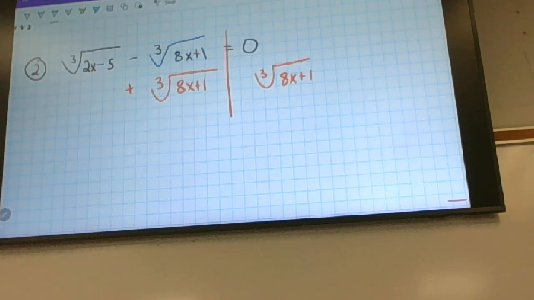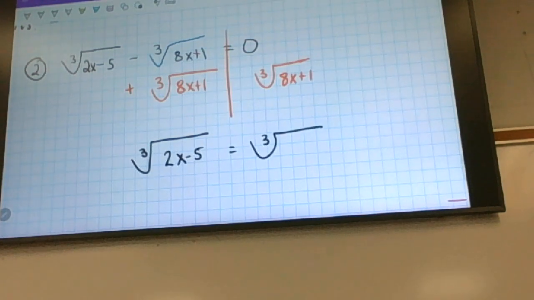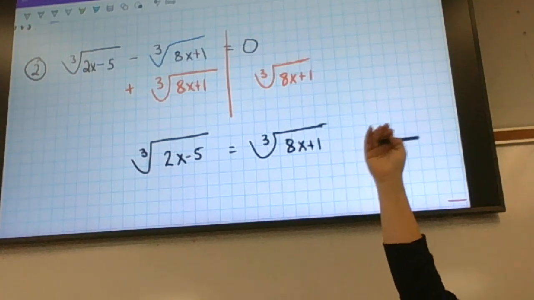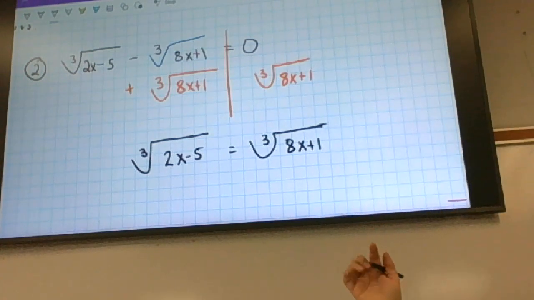And that's gonna give me the cube root of 2x minus 5 equals the cube root of 8x plus 1. Now, since we have an index of 3, we want to cancel out. We're going to do exponent 3 on both sides.